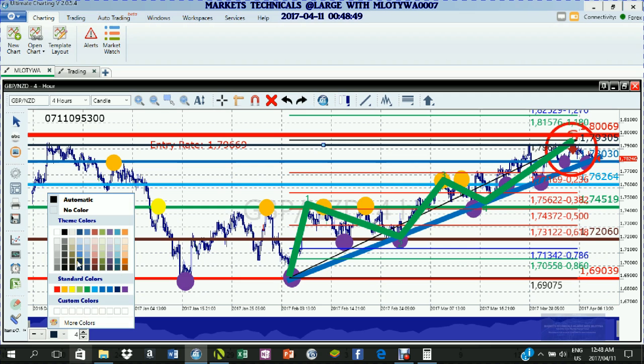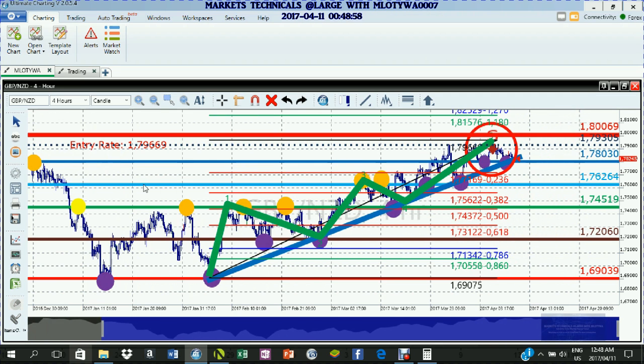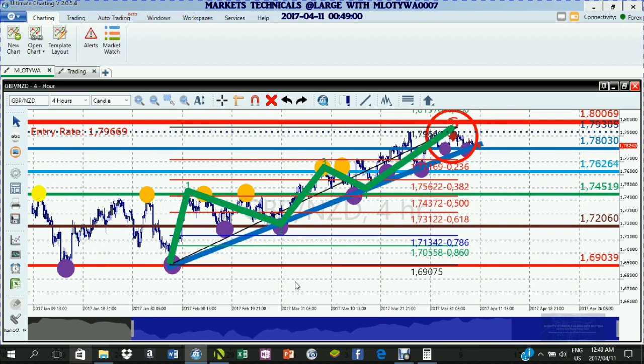You won't lose much of your capital if the trade goes against you. And see the dotted line there, guys. That dotted line shows you the resistance, and on top of that resistance is where your stop loss should be.